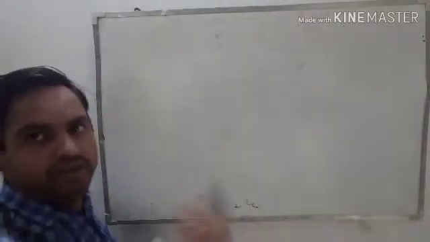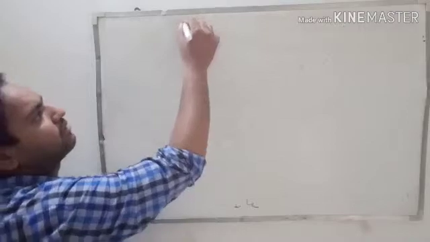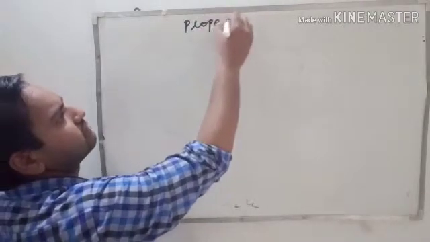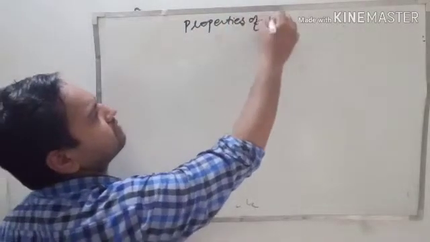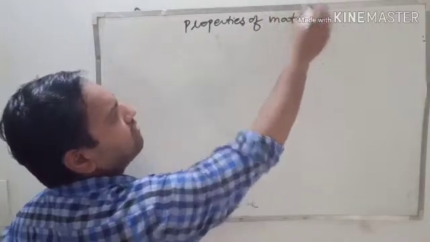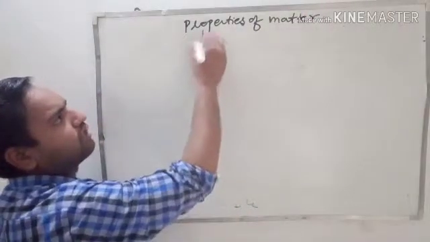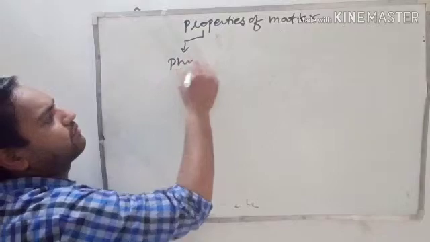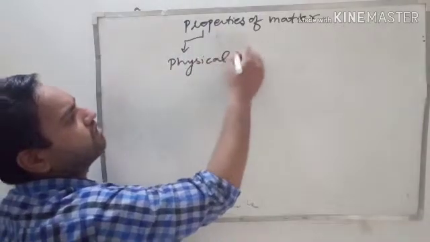What is next? The next topic is the properties of matter. So what are the different properties? There are basically two types: physical properties and chemical properties. What are physical properties?